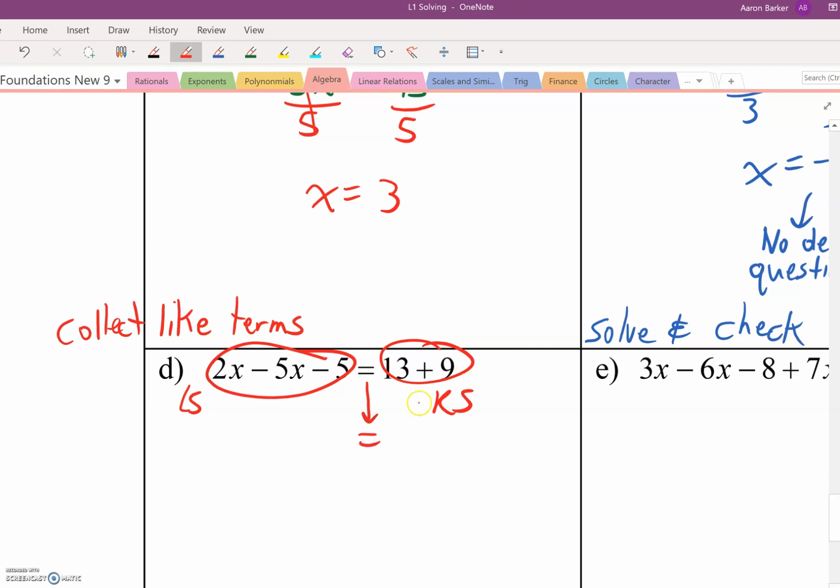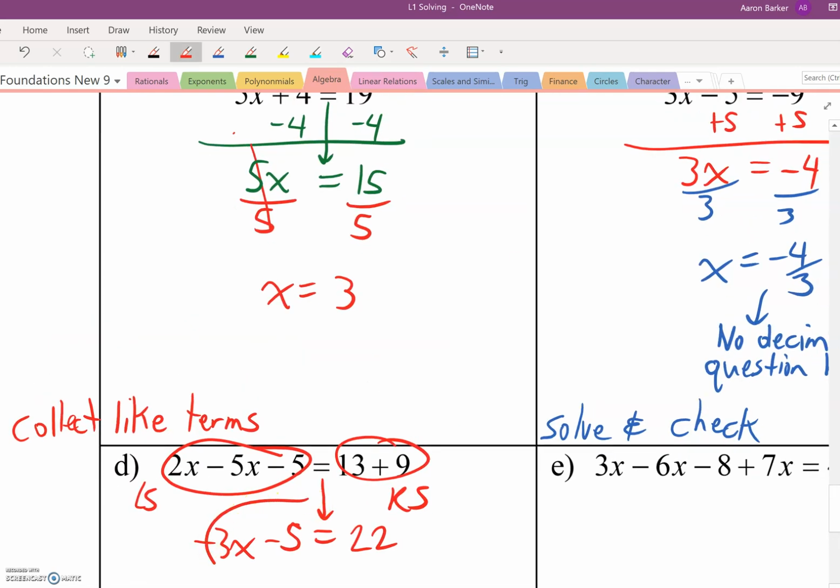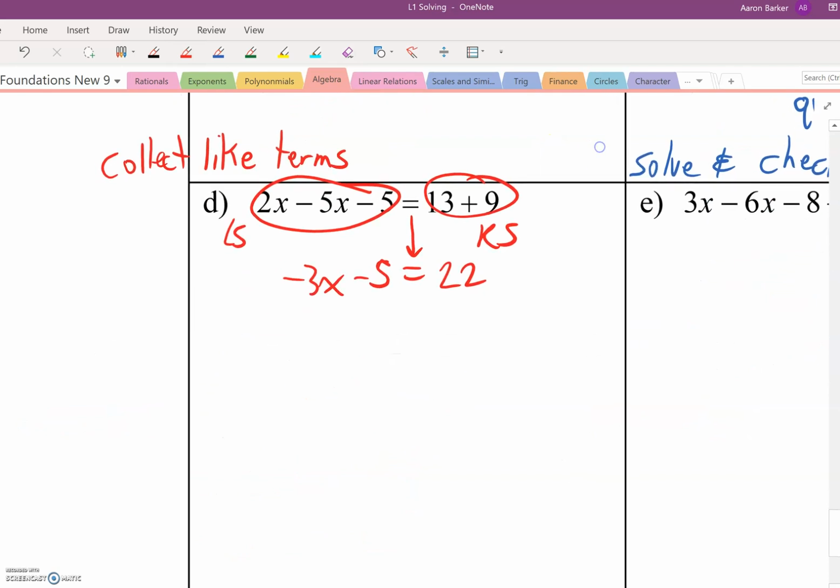So the 13 plus 9 becomes 22. 2x minus 5x is negative 3x, and the negative 5 stays the same. Only when it's this simple, notice now it is just like the question in A or the question in B. Now you start solving it. Don't start solving until you collect like terms. So that's the first thing that you do. Then you go and solve after you collect like terms.